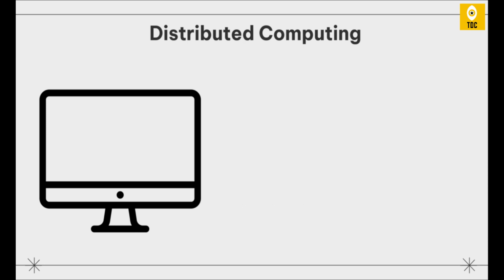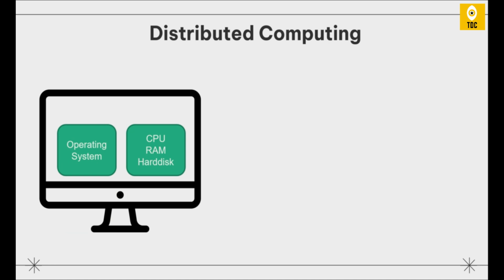So when we talk about distributed computing, the word distributed means you are actually distributing the workload. That is the basic meaning of distributed computing. But how exactly does it work when you talk about the specifics? Whenever there is a system or a computer node, there will be a hardware part of it, which is CPU, RAM, memory, and hard disk, the primary memory and secondary memory.